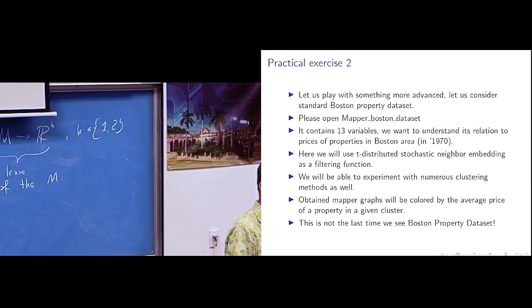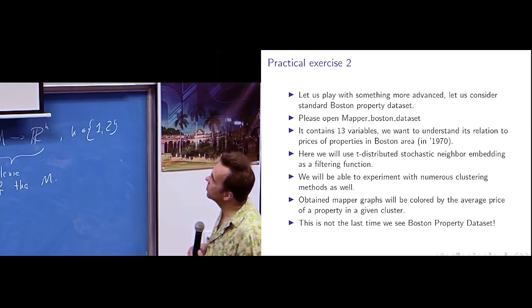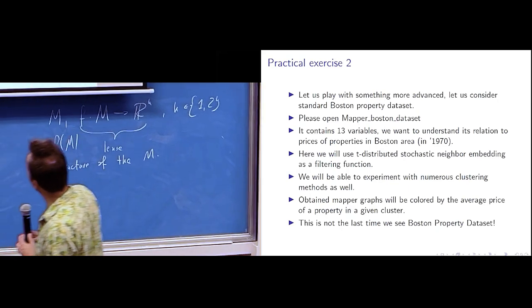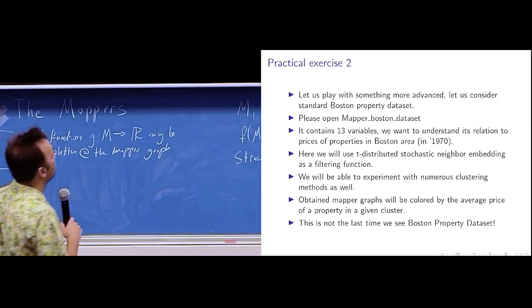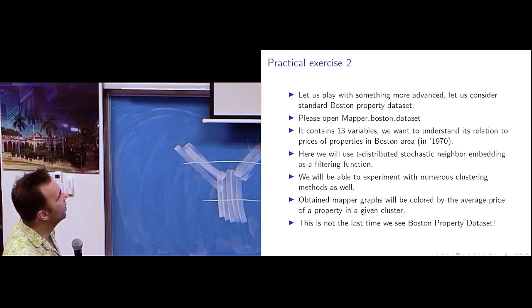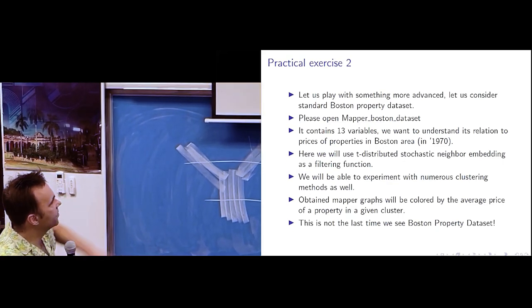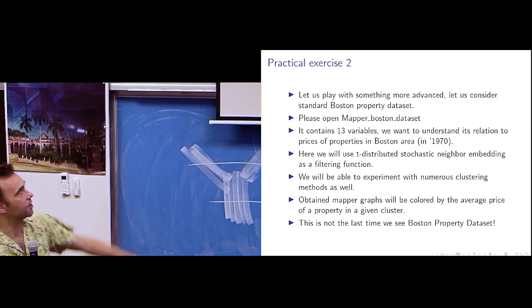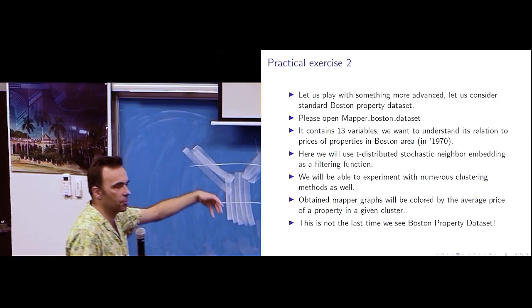Now the second example. This data set is pretty old. It comes from the attempt to understand the prices of real estate in the Boston area from roughly the 1970s. Somebody asked me what it is. There are 13 characteristics of every property.